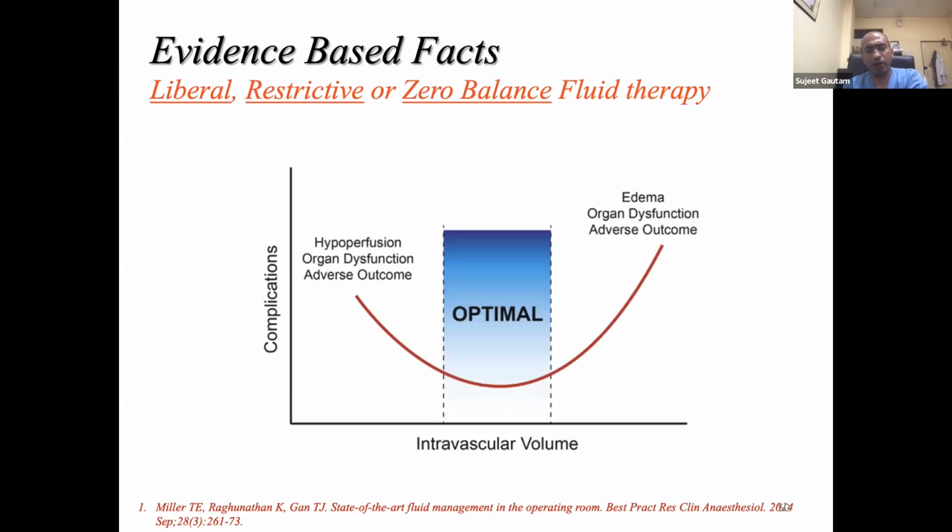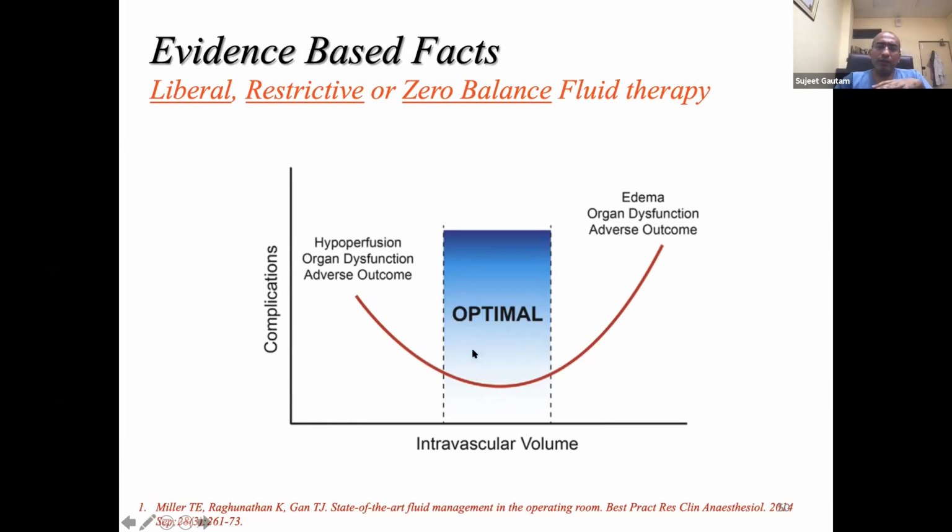Before coming on to individual fluid therapy, most of us want to be in this zone, but it is really difficult to assess or to guide oneself in this zone. And why does one want to be in this zone?